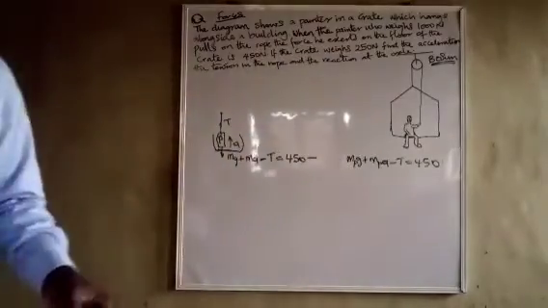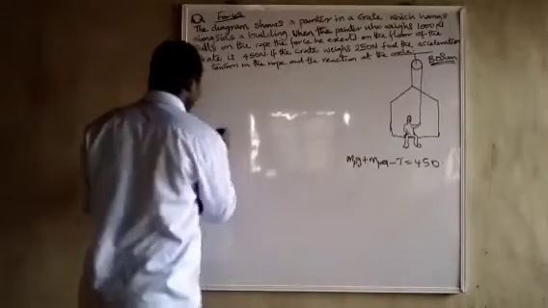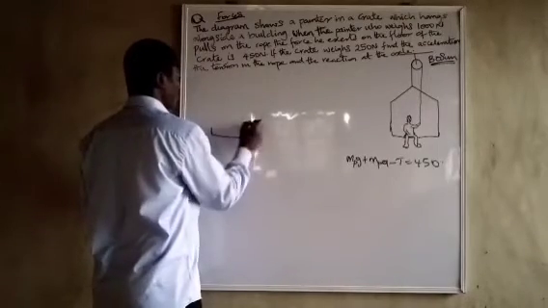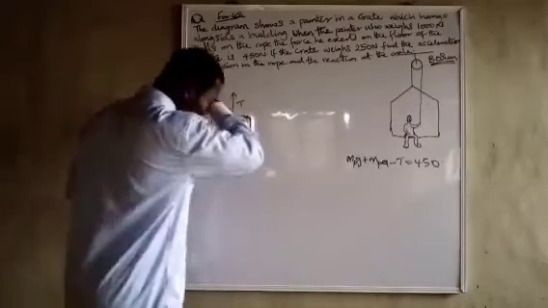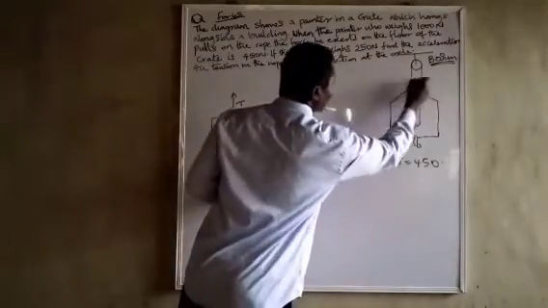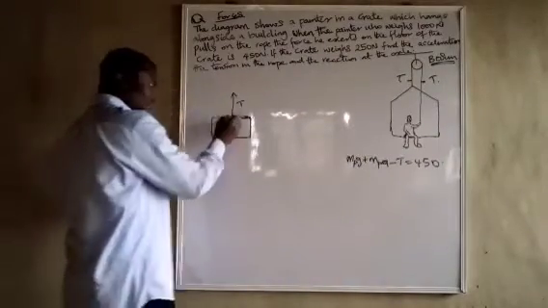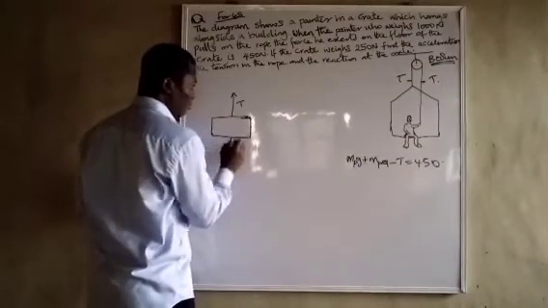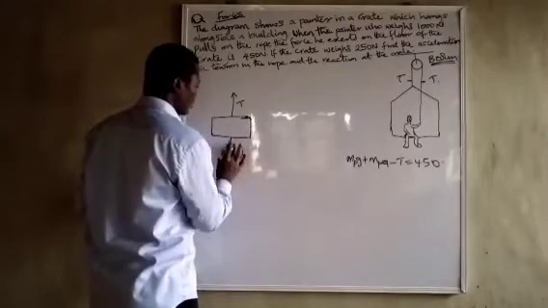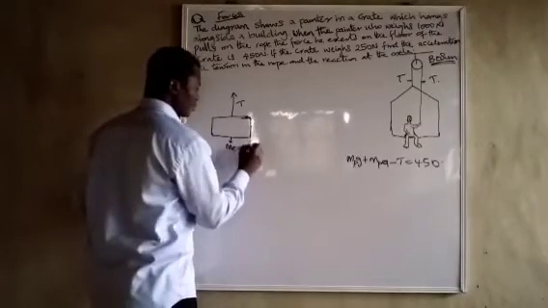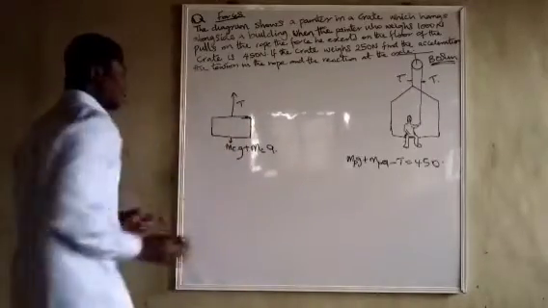Now let's consider the crate itself. This is the crate. There is a tension here at the same time. This is the first one I talked about; now I'm talking about this, but the two of them are equal. This tension is moving this body up with acceleration A. This is the total force, the supposed total tension.